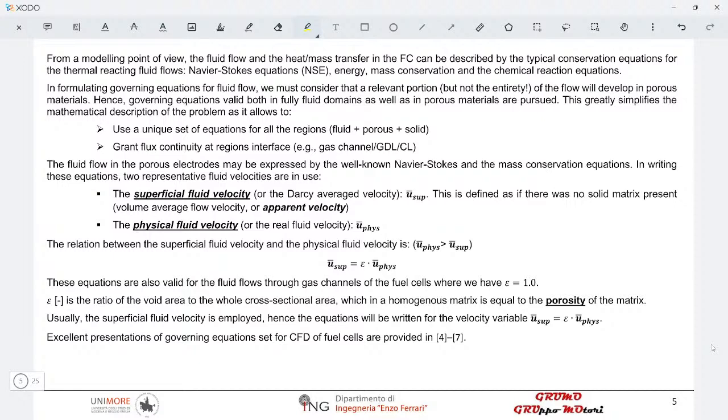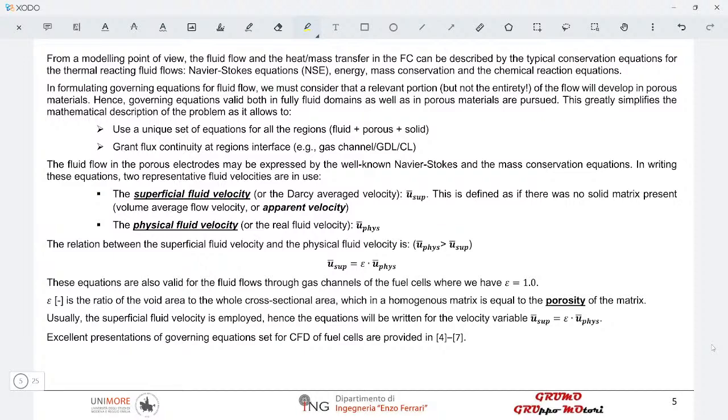Now, what we are going to introduce is a generic framework of transport equations and all the details contained, diffusion coefficients, source terms, which is the most widespread modeling of fuel cells. Clearly, I say this because you might find in literature also other types of model.